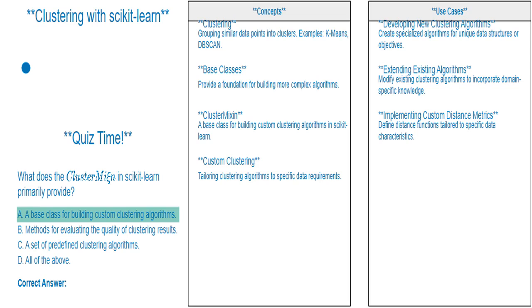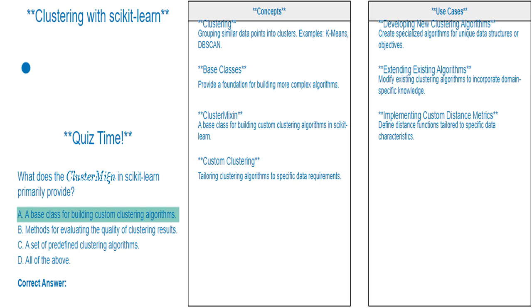Custom clustering involves tailoring clustering algorithms to specific data requirements or objectives, potentially incorporating domain-specific knowledge. This is often needed when standard clustering algorithms don't adequately capture the unique characteristics of your data or when you need to consider specific constraints in the clustering process.